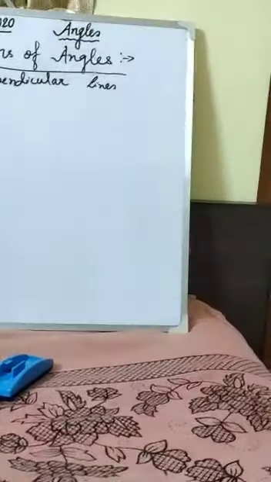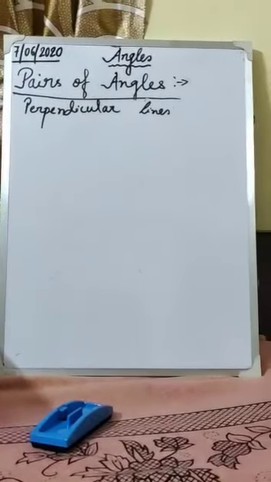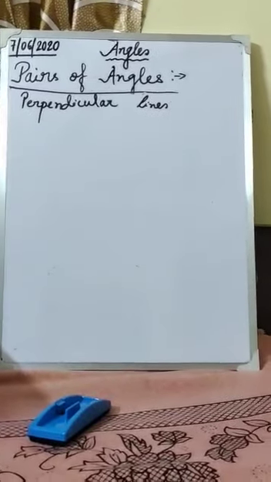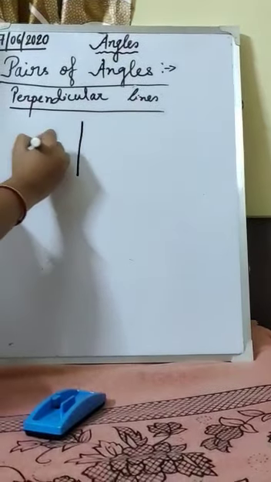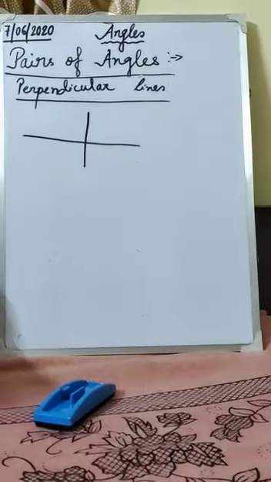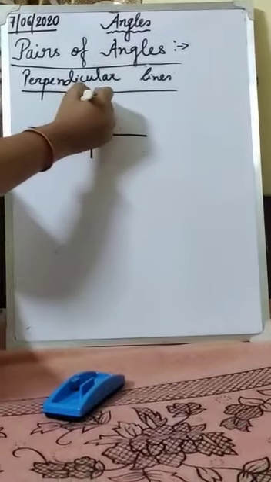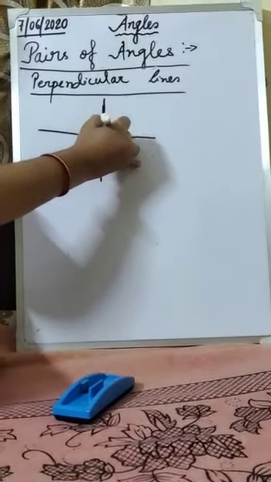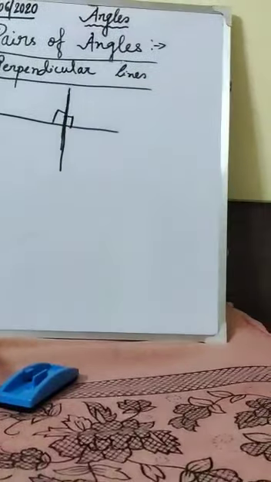Two lines in a plane are said to be perpendicular to each other if the angle between them is a right angle, that is 90 degrees. We know that a right angle means 90 degrees. That means two lines are called perpendicular to each other when the angle between them is a right angle, or you can say 90 degrees.